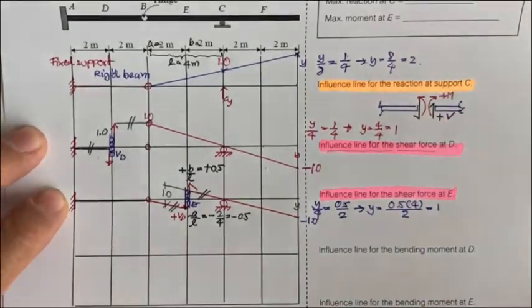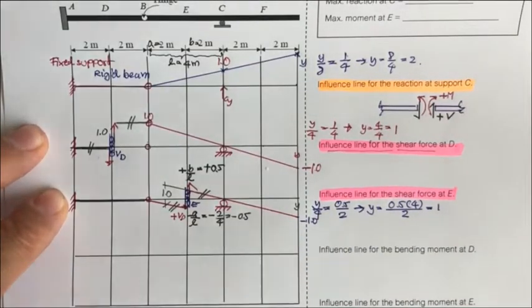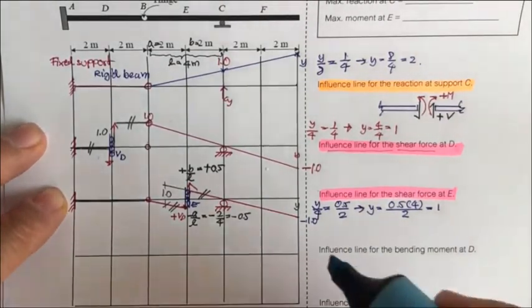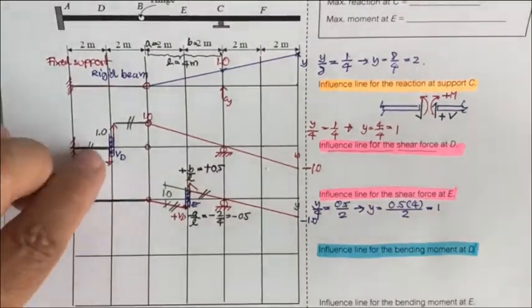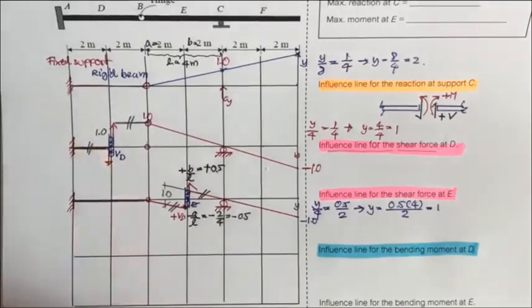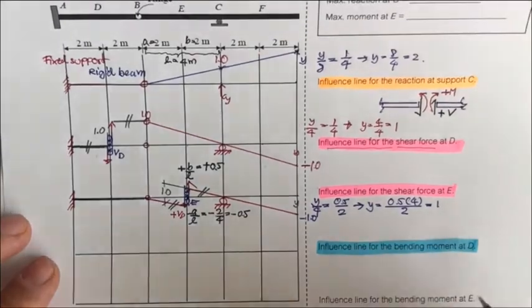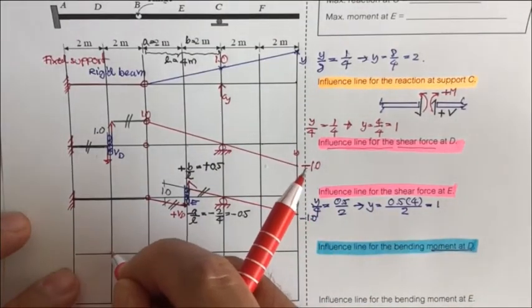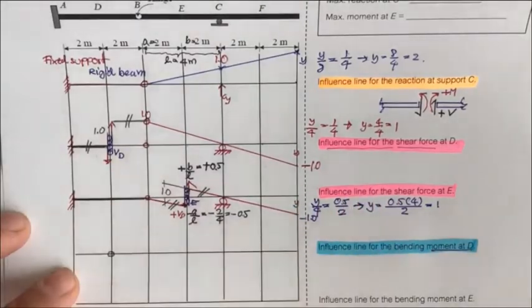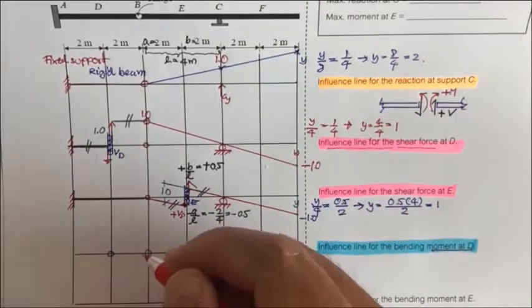Next we're going to draw the influence line diagram of the bending moment at point D. We go back to point D. Point D is here. What we do is eliminate the resistance to moment at D. So we're going to put the hinge at point D, and the supports stay the same.